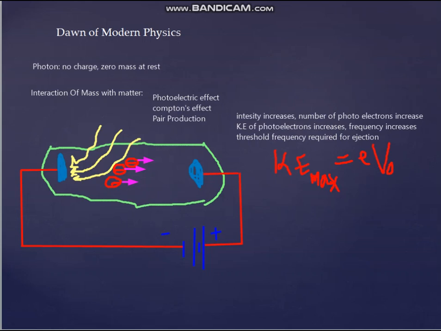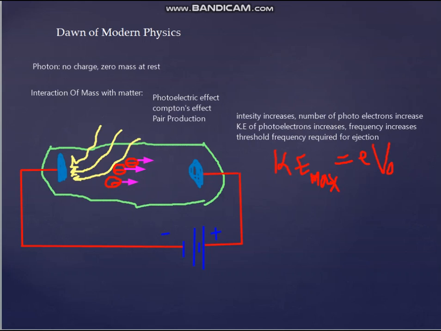Okay, now what's the stopping potential? In here, you can see that the UV rays are falling onto the negative plate, the negative electrode. But just suppose that it falls on the positive electrode, there would still be an ejection of electrons.